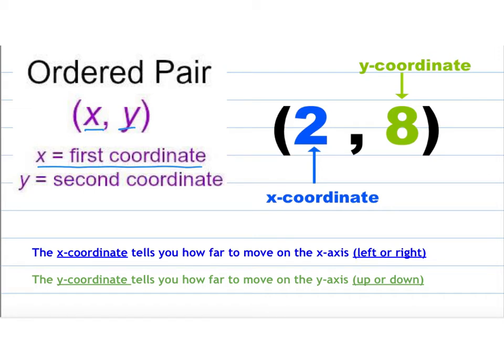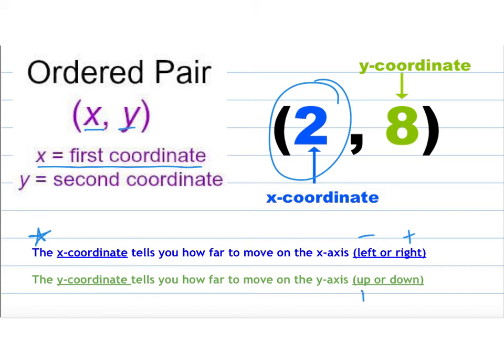So some information down here for you to note. The x-coordinate tells you how far to move on the x-axis, left or right. So this first number, we have a 2, that would tell us that we're going to move to the right 2. Because it's positive, we move to the right. If it were a negative number, we would move to the left. The y-coordinate, so the second number, tells us how we move on the y-axis, up or down.